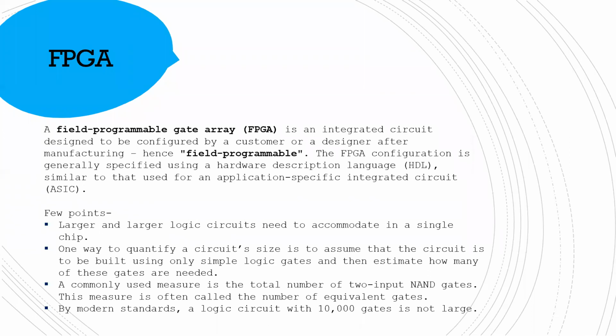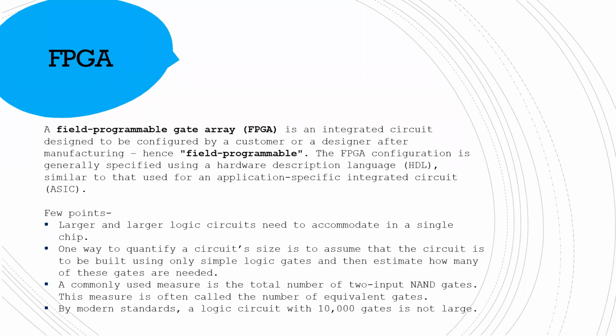A few points, remember, previously the PAL or PLA, they were actually made of AND gates and OR gates, right? But here FPGA is completely different. FPGA is made of universal gates, either NAND gates or NOR gates.